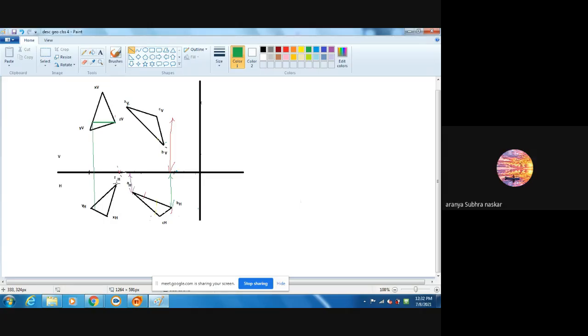Exactly. This is the true length of that line. Yes or no? Yes, sir. Very good. And this is going to be left sided. So let me take the total view somewhere to the right.